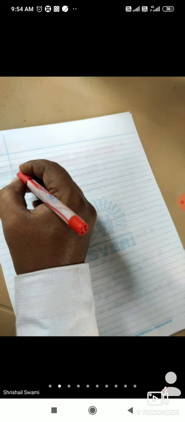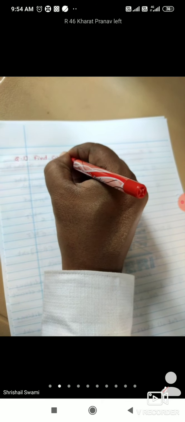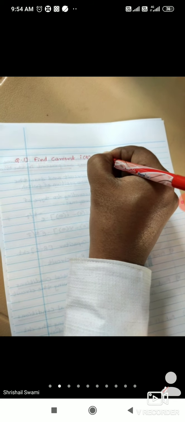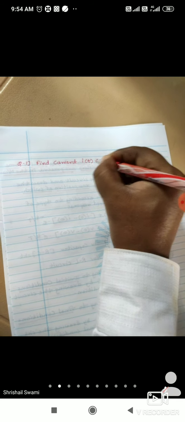So I will take this as question number 1 because it is coming under this category. Find current I of t for t greater than or equal to 0, when switch is open at t equal to 0.